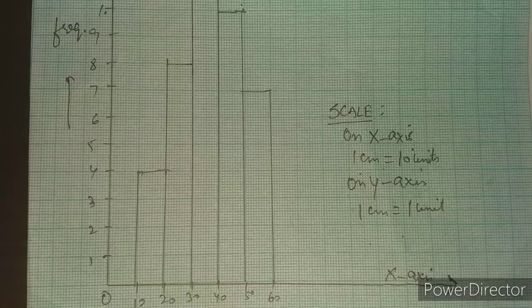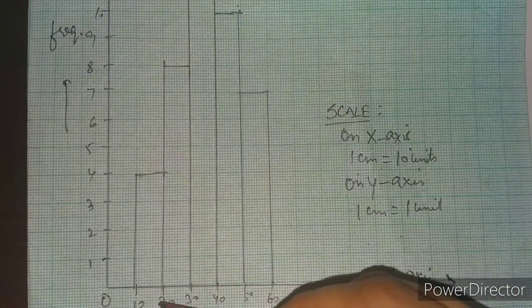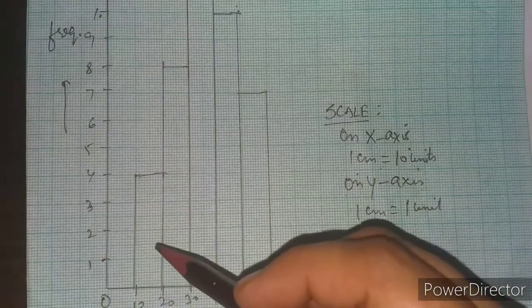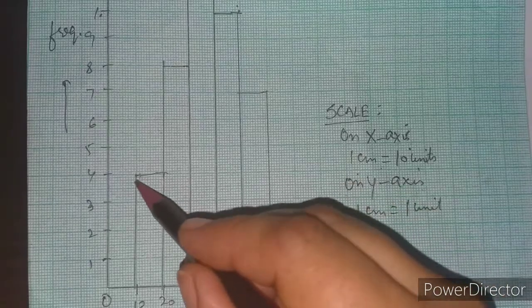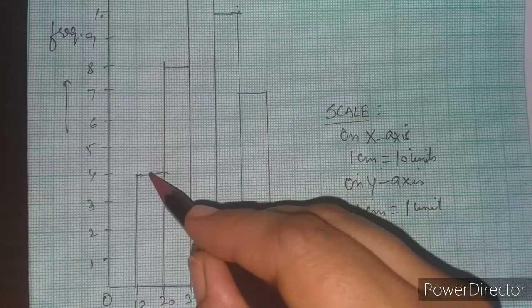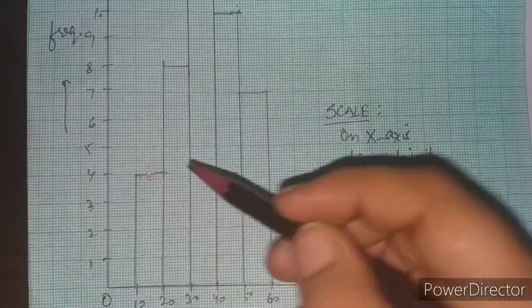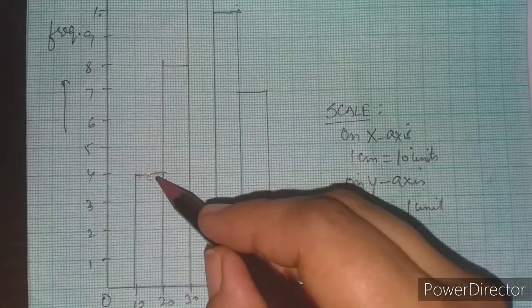You have to simply add one or two steps in order to complete the frequency polygon. For each rectangle, we have drawn 1, 2, 3, 4, 5 rectangles here, we will take the midpoint of the horizontal line on the top. I have drawn the first midpoint of this rectangular bar on the top.